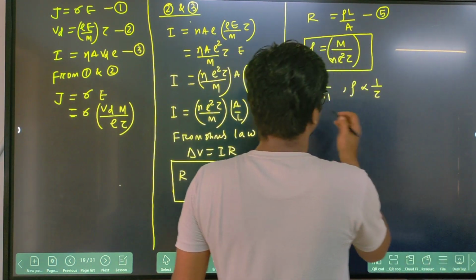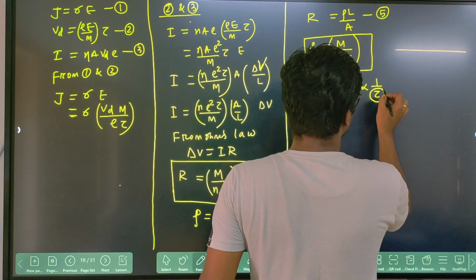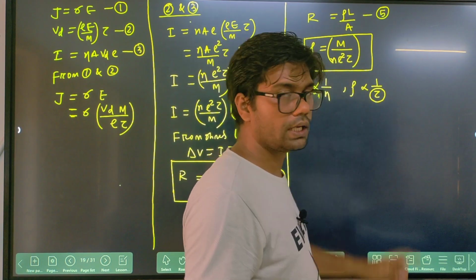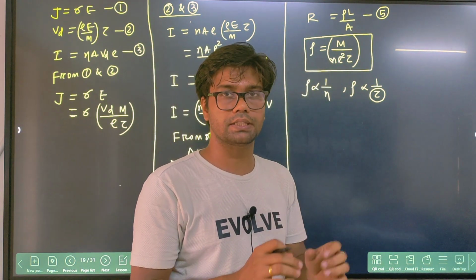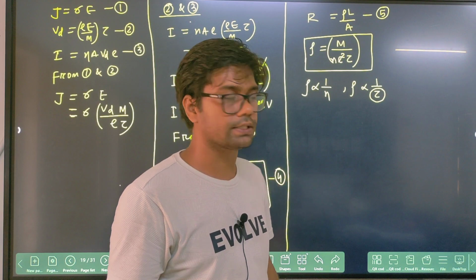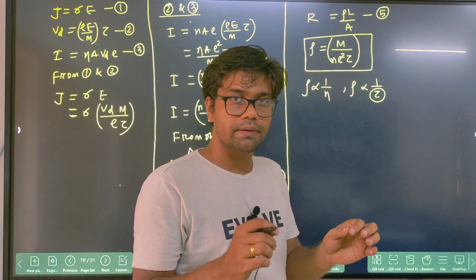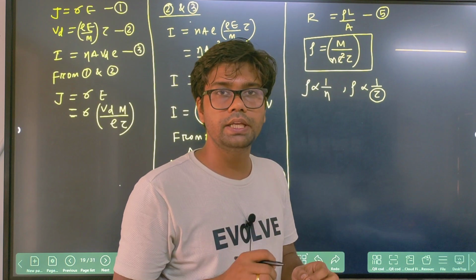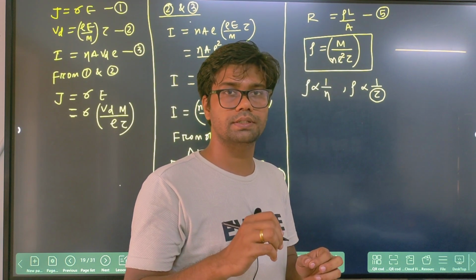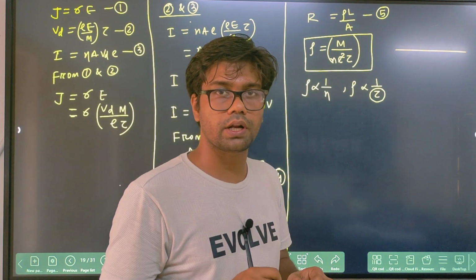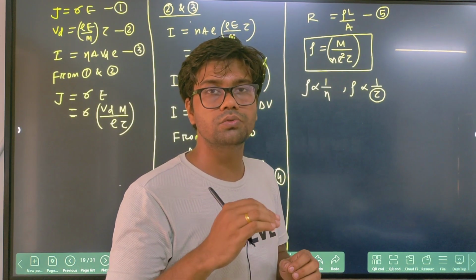Okay. So now, you know that this depends on the temperature. How? If I increase the temperature, then what will happen to the relaxation time? The electron speed will increase, so it will go faster than previously and collide with the lattice point. So the time taken between two successive collisions is going to decrease.